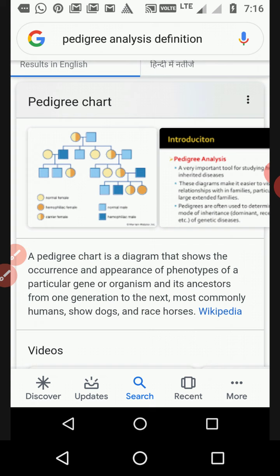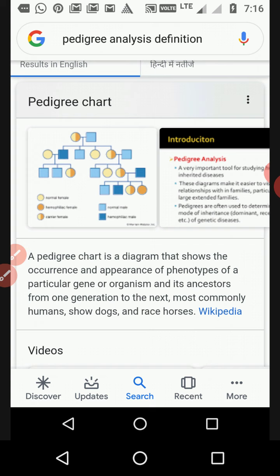First, to prepare this pedigree chart, we have some symbols, and it is a must to learn those symbols. First, you should learn all these symbols of the pedigree chart, then you will make a pedigree chart. And if a ready-made diagrammatic structure of a pedigree chart comes in the exam paper, then you can identify it and solve that question.